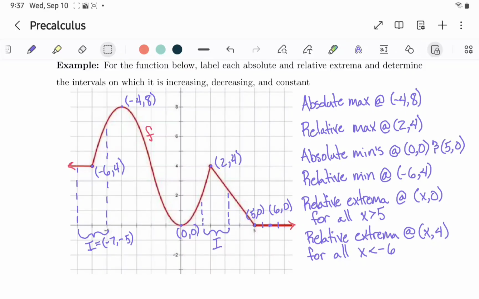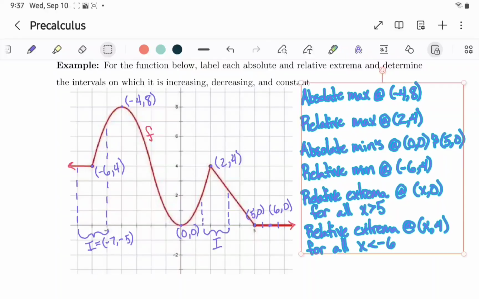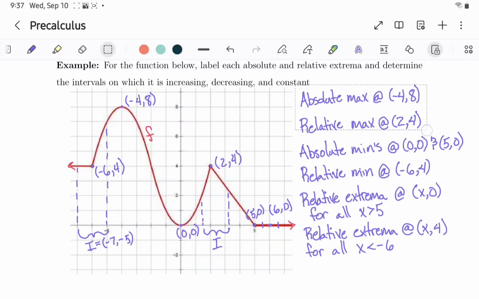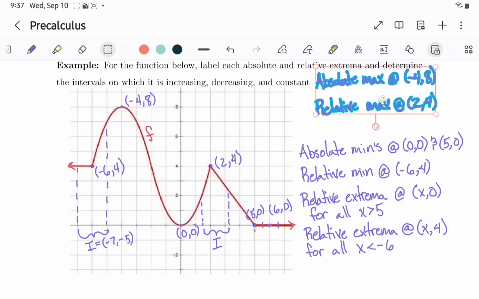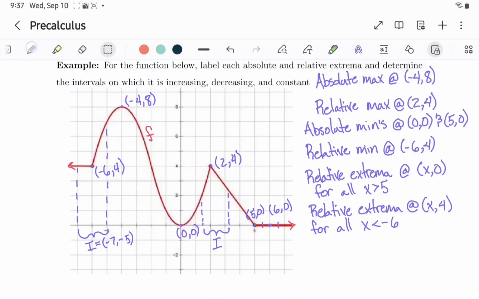All right, and now we are finally able to talk about where it's increasing, decreasing, or constant. Let me see if I can manage to find us some vertical space to keep writing in here. Okay, so increasing, decreasing, and constant.